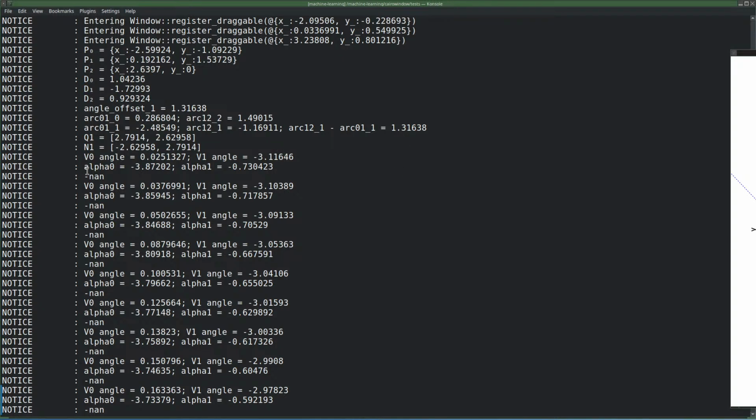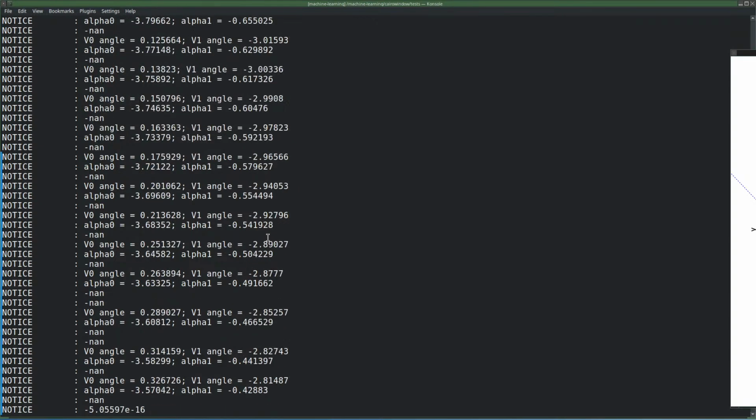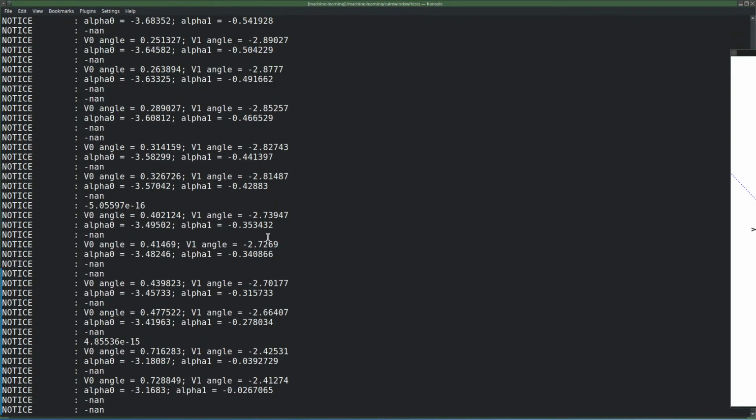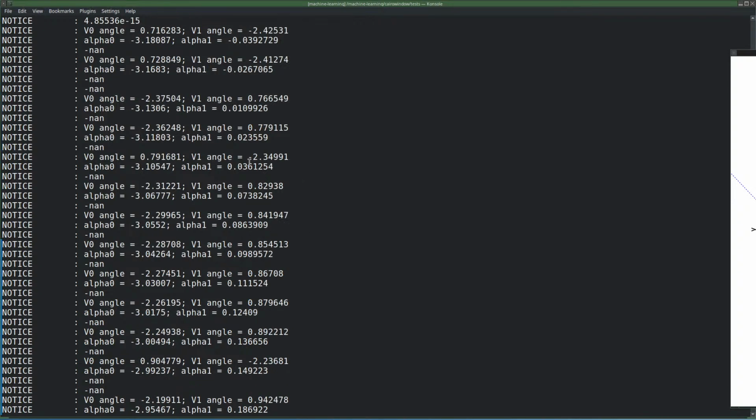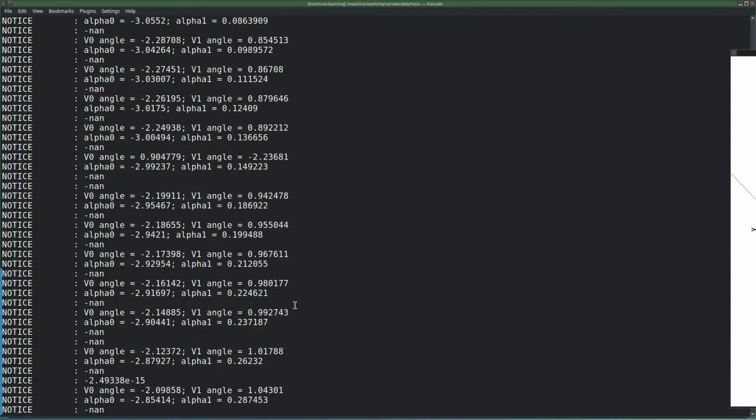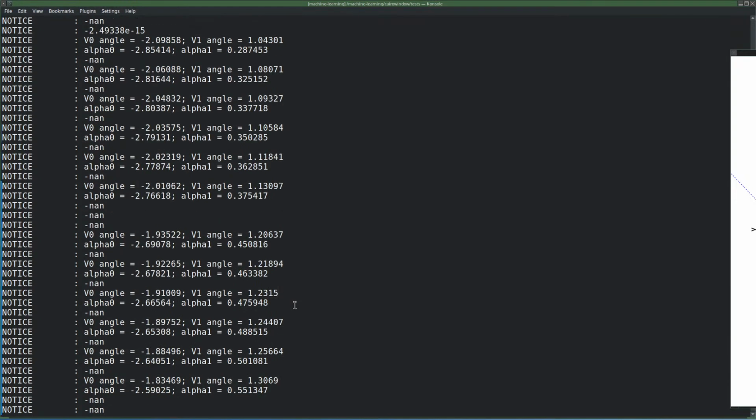So let's add pi to, I have to add it to that. Maybe I should just add it to the negative value. That would work. Like every time.